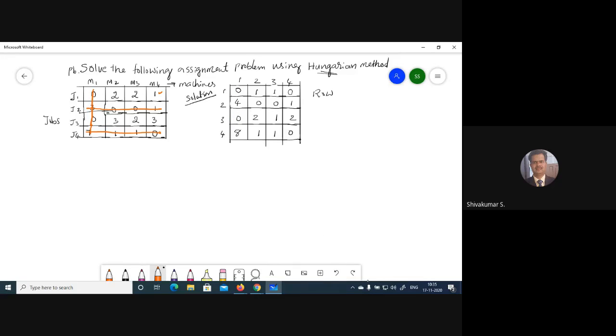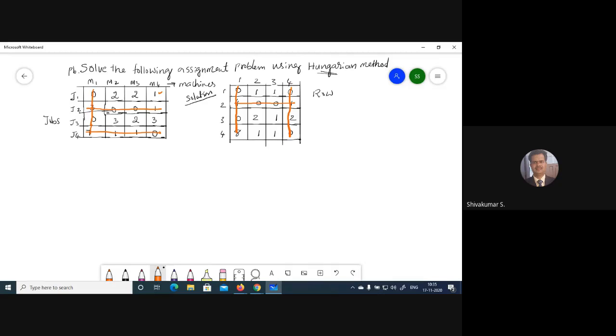Now I'm going to draw lines such that they cover the maximum number of zeros in a single strike. I'm going to draw one line here covering 2 zeros. Second, one more line here, covering 2 zeros. And third, one more line here, covering these 2 zeros. So now there are no zeros left, covered by 3 lines only.